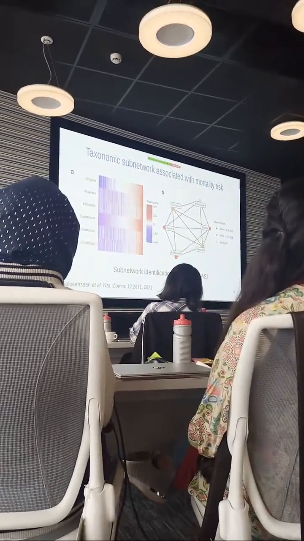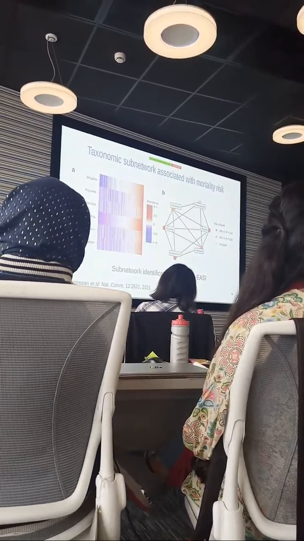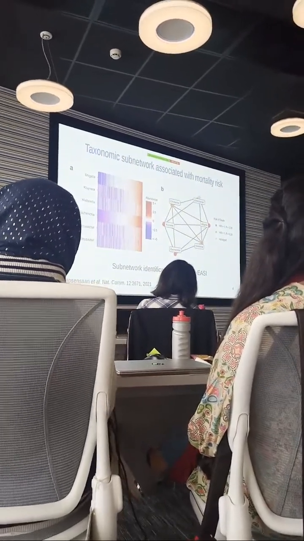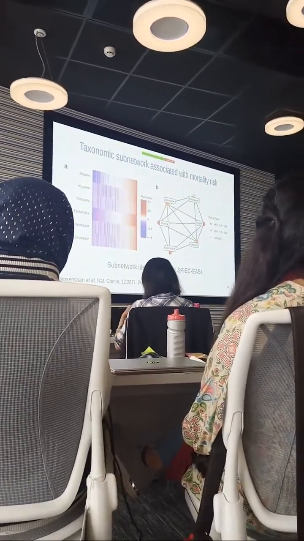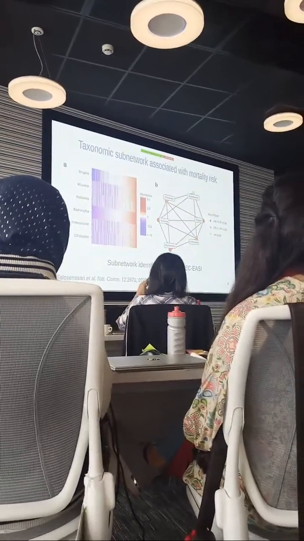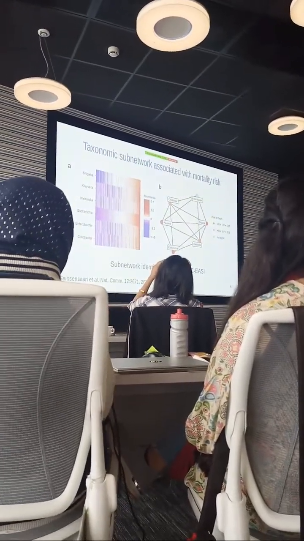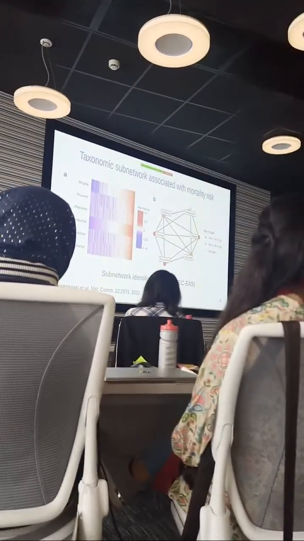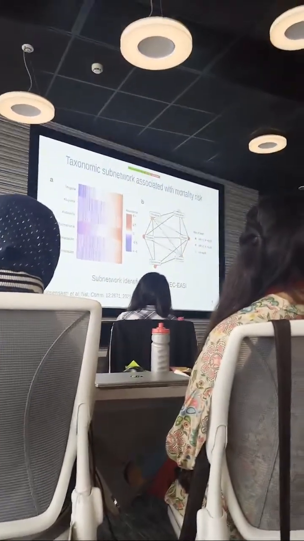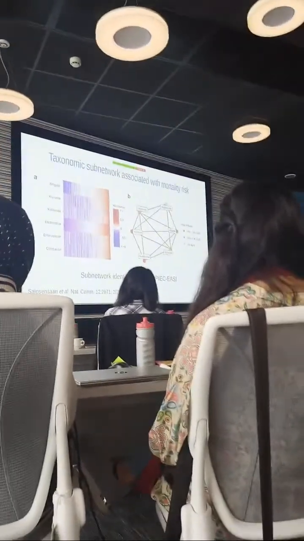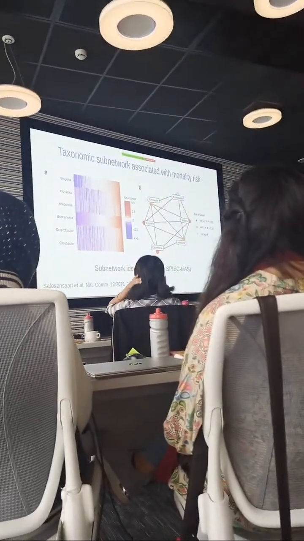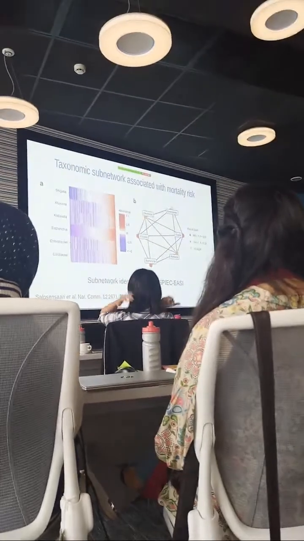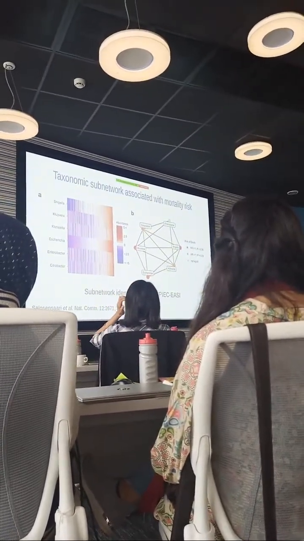We could also, of course, look at this association in different ways. In addition to looking at the principal coordinates, we were also looking at taxonomic co-occurrence networks that were coherent. One of the networks that we identified was heavy on these potentially pathogenic bacteria, including again the Escherichia group, but also some other groups that are co-abundant with it.